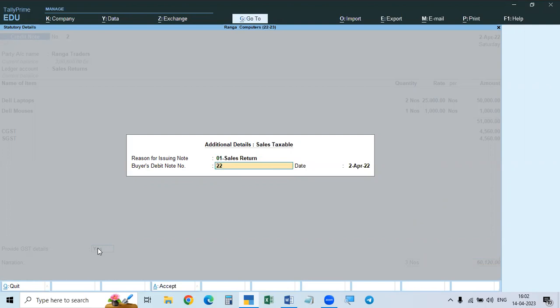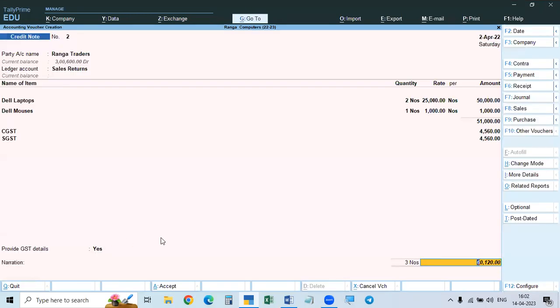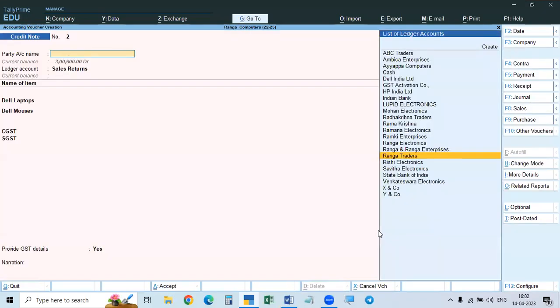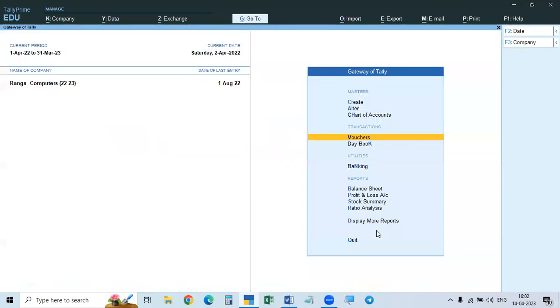Then click with blank. 22, for example, and second, the same day, today, he returned the goods, and then come to this one. Here, against which invoice, we have already given the original invoice number. The same thing here.